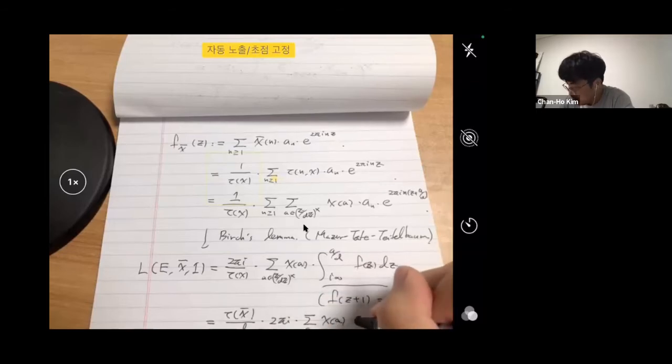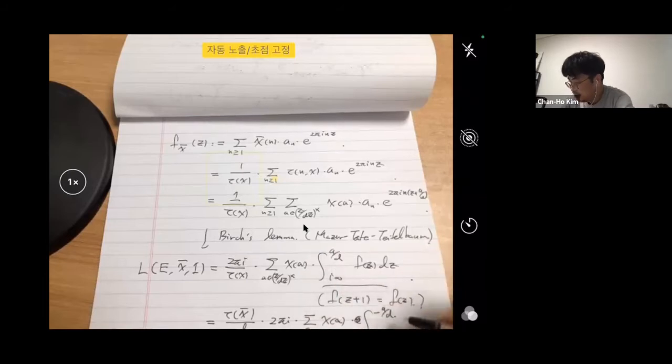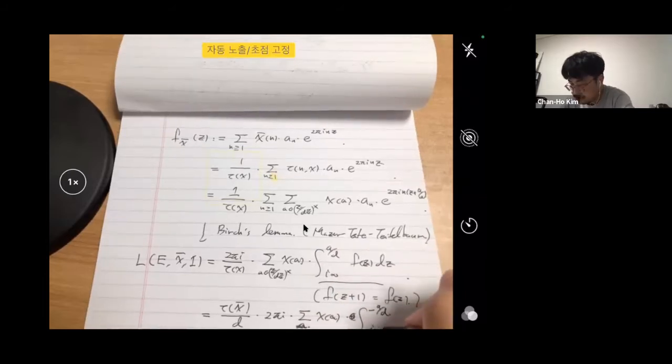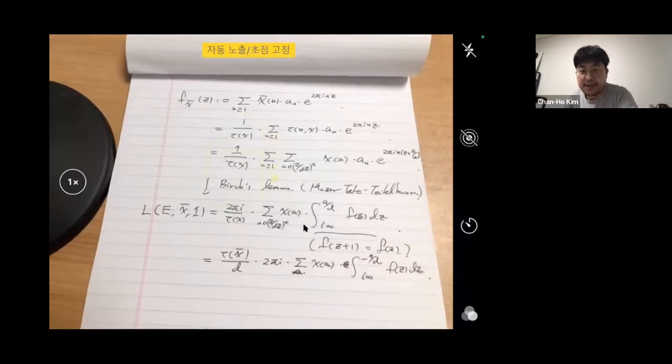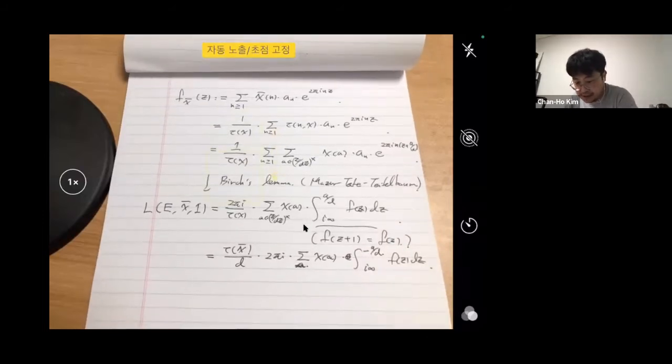Sorry, times here the variable is changed, multiplied by -1, something like this. Okay. Oh, sorry. So all these computations lead to the following notion. This is what I want to say.